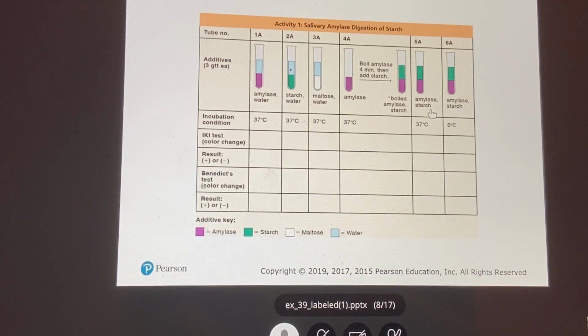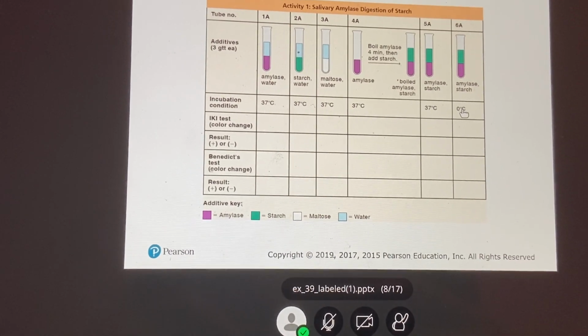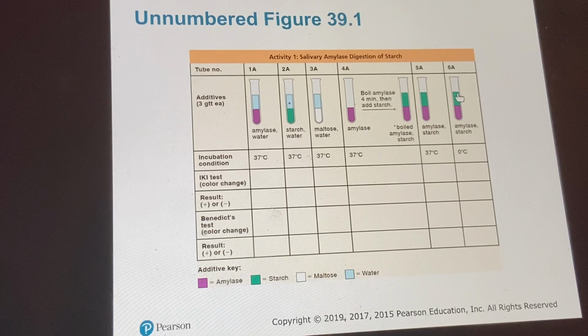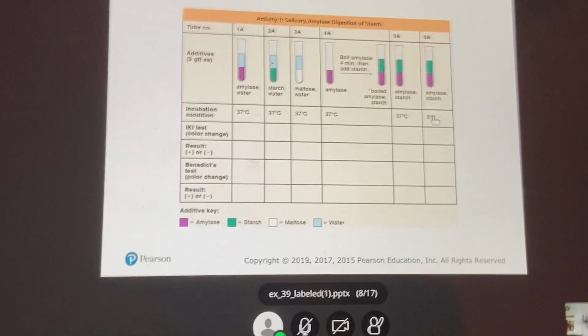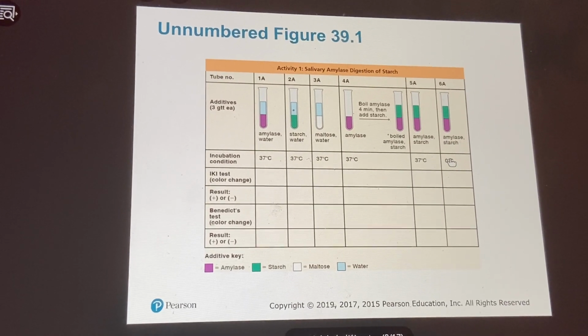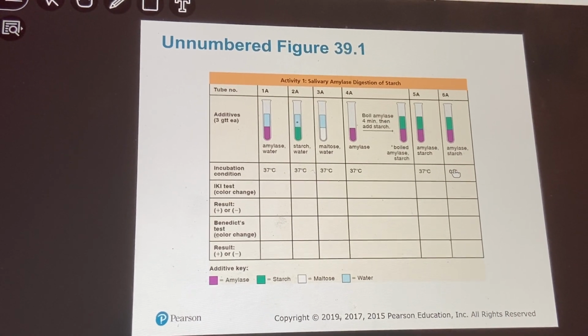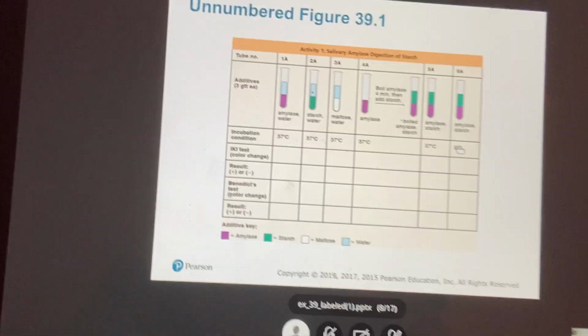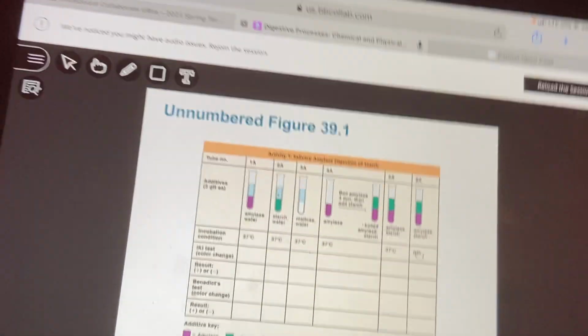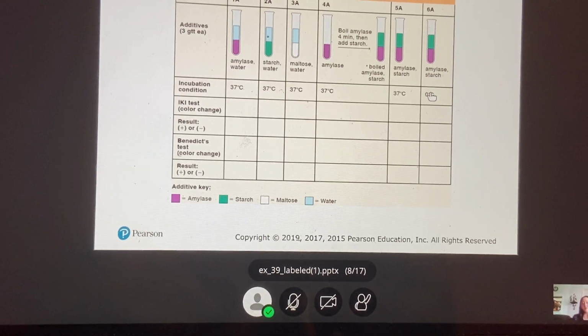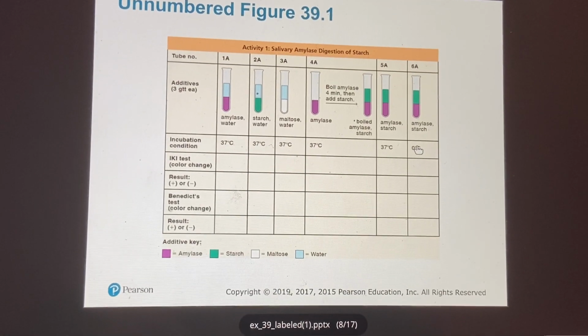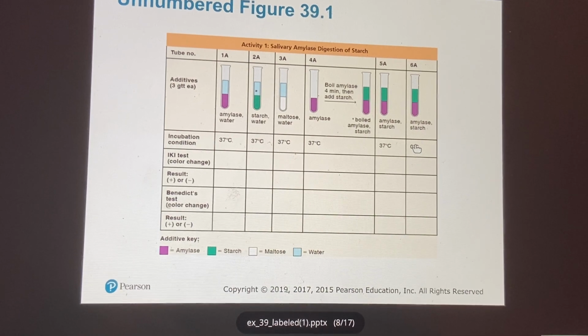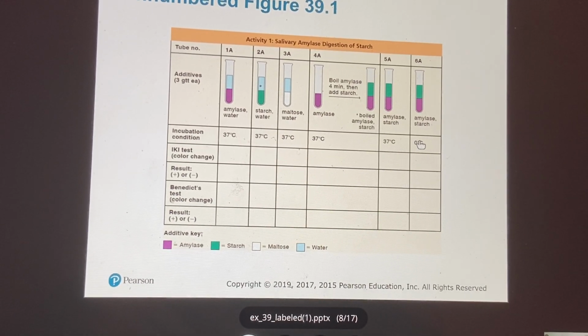These two will differ in the incubation condition. All of them are at 37 degrees Celsius except for 6A. The incubation here is usually 1 hour, so we have to check after an hour. So the incubation period is 1 hour.